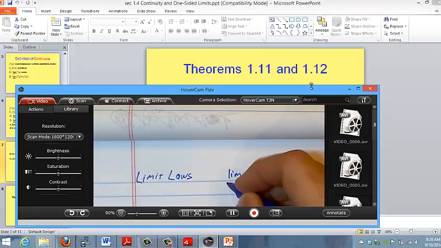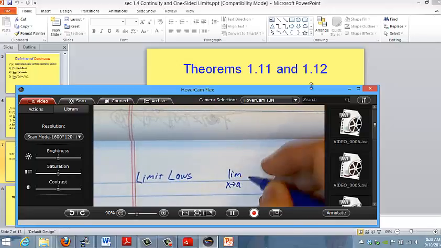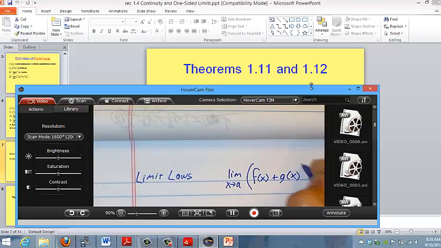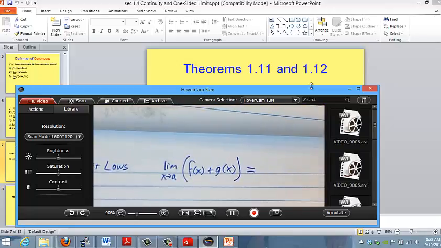If you have the limit as x approaches a of two functions that are added together, that equals, well, what do you wish it equaled? Tell me.